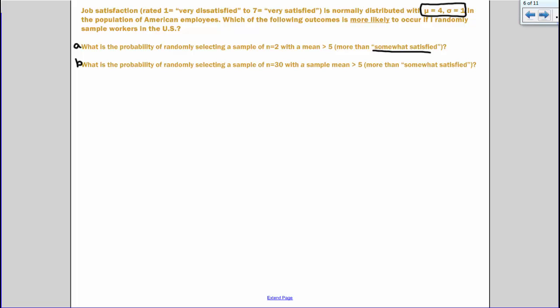So the first thing we need to do, and let's go ahead and put part A over here and group B over here. Let's draw like a little line. All right. So this is when n equals 2. This is when sample size equals 30. Alrighty.